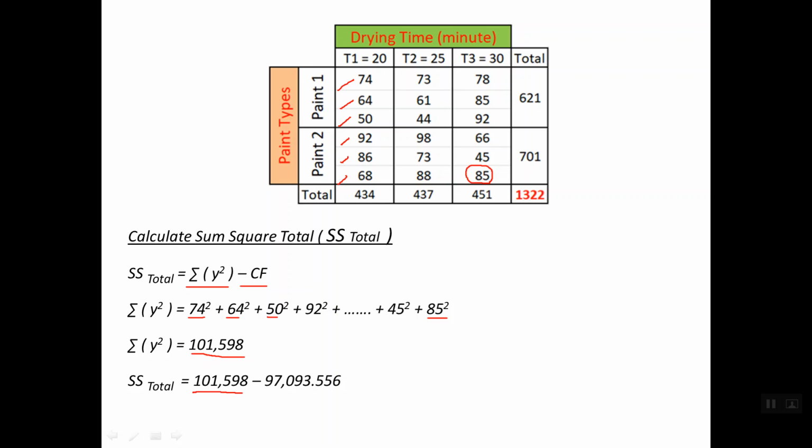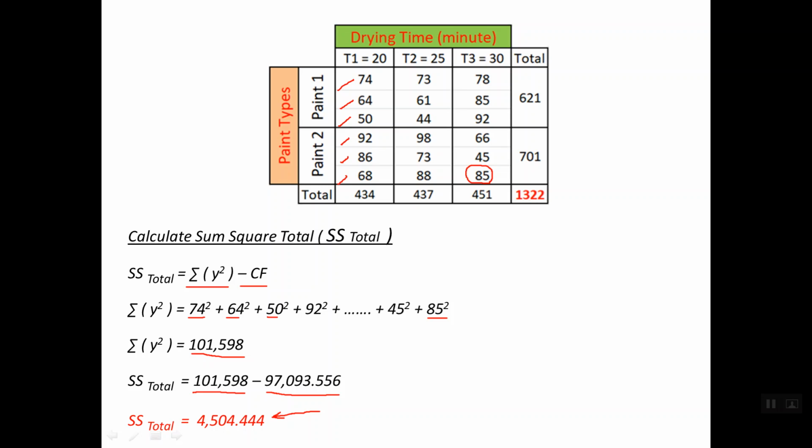So this is the summation of the squared observations, and this is the value of the correction factor, which is already calculated. So the value of the SS total is equal to 4,504.444. So this is the way to get the value of the SS total.